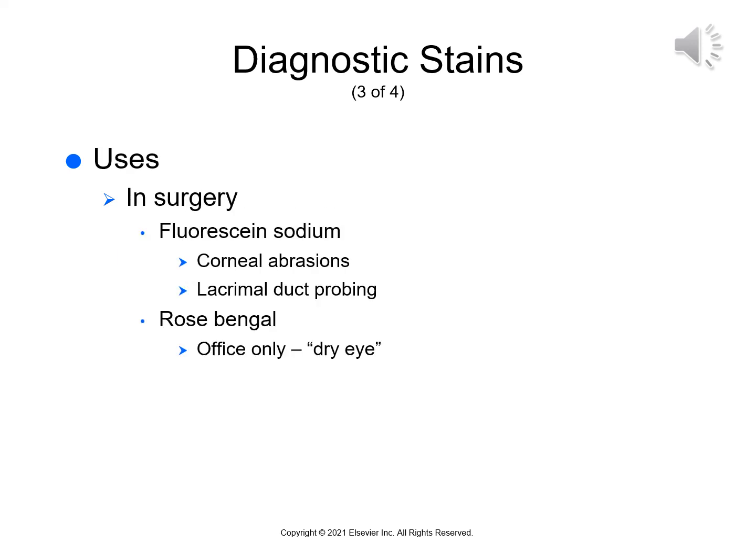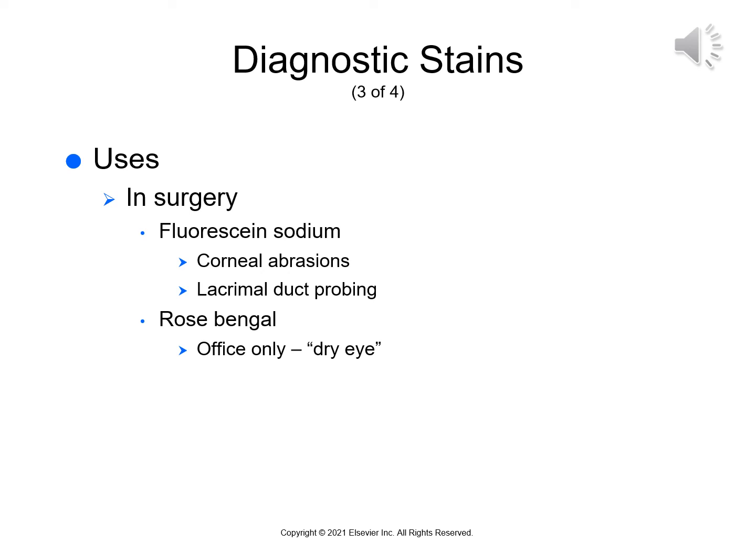Fluorescein sodium is a non-toxic water-soluble dye that is applied to the cornea or conjunctiva to identify denuded areas of epithelium or foreign bodies. It diagnoses corneal abrasions by staining damaged or diseased corneal tissue bright green. Rose bengal is an even better staining agent for devitalized cells. This agent is used primarily to demarcate the devitalized conjunctival epithelium seen in dry eye syndrome.